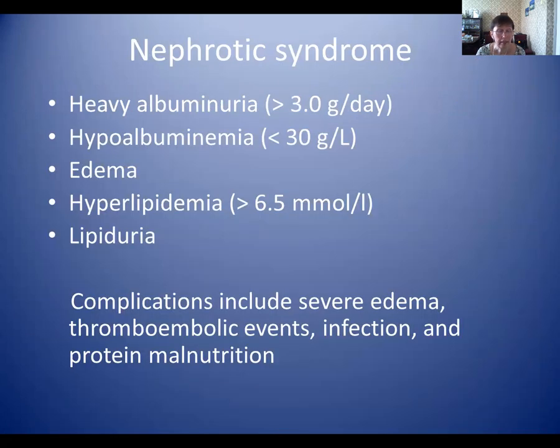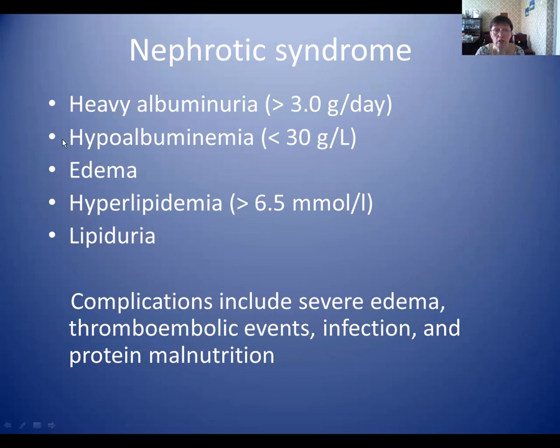Next syndrome that we need to speak about is called nephrotic syndrome. It means in nephrotic syndrome the changes appear not only in urine but also in the blood and plasma of your patient. The cause for this is heavy albuminuria. If the patient loses more than 3 grams of proteins during the day, the changes appear in blood.